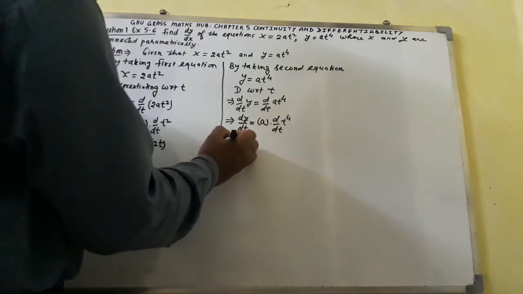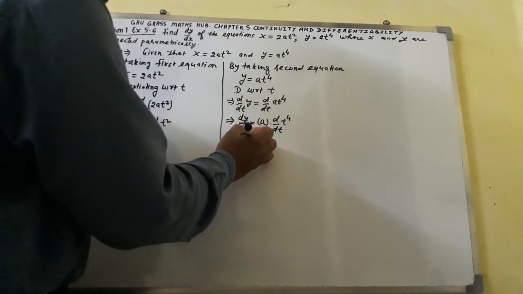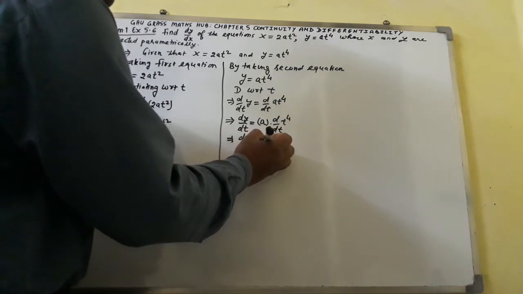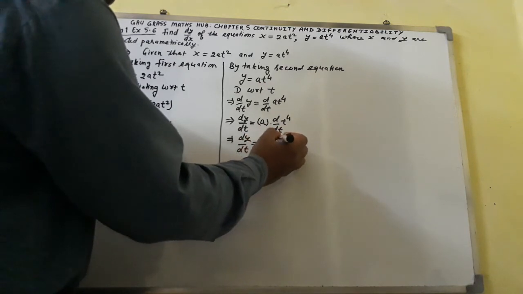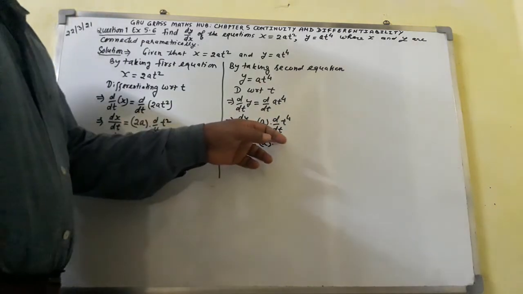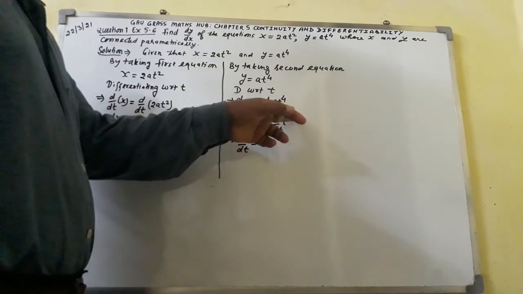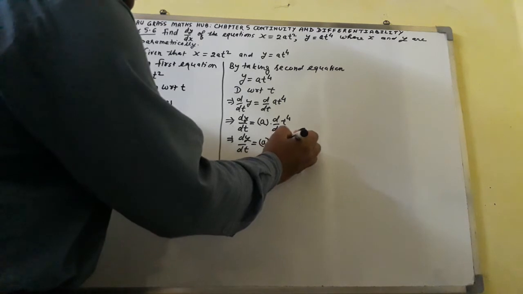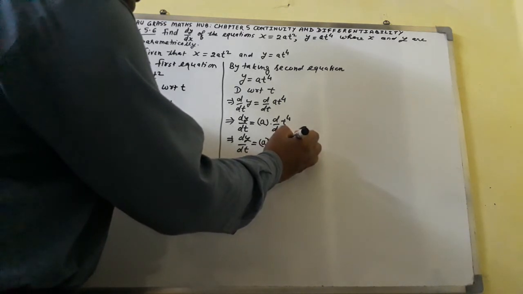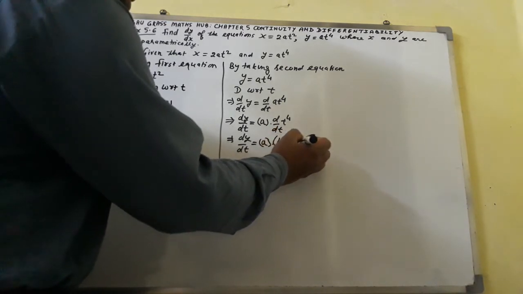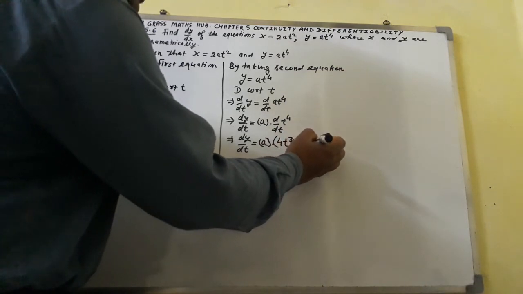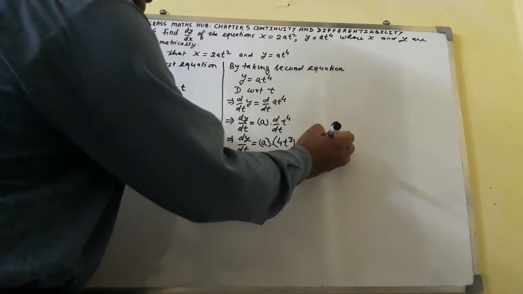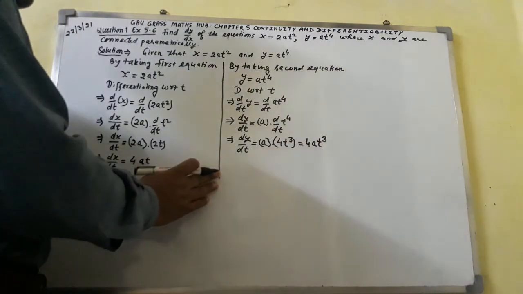We shall get here dy over dt is equal to a dot d over dt of t raised to the power 4, which comes out to be 4t raised to the power 3. You will get here 4at raised to the power 3. This thing you have got.